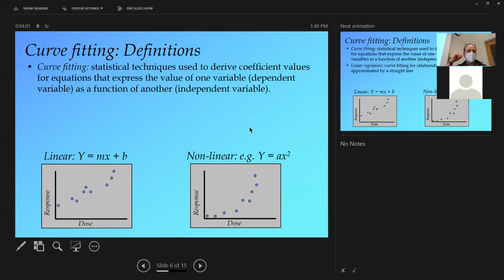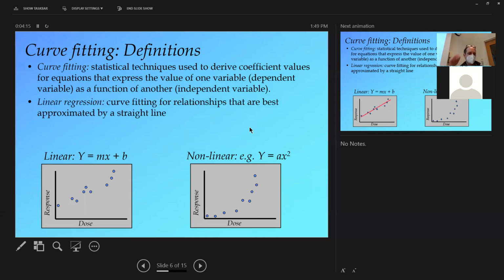Curve fitting is basically just the statistical technique used to derive coefficient values for equations that express one value as a function of another value. Linear regression just happens to be the subset of curve fitting in which we're fitting a straight line to data.